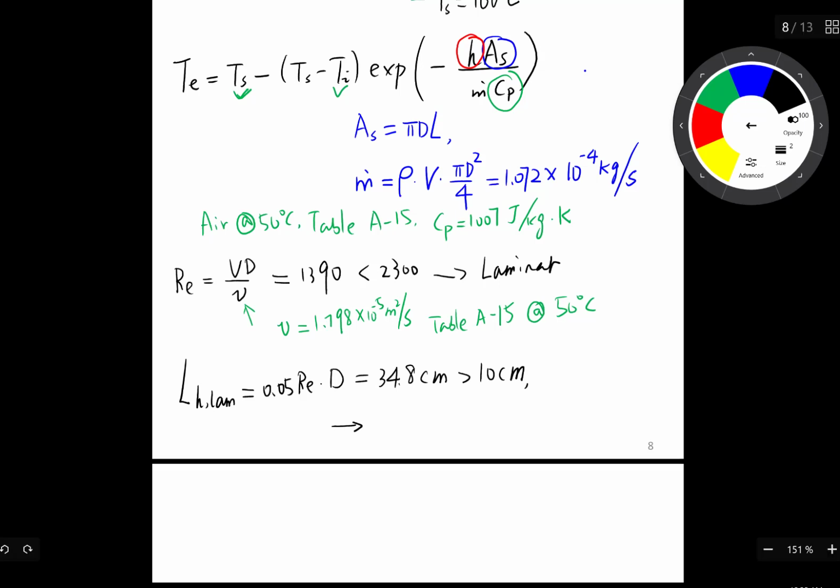It requires 34 centimeters for the flow to be hydrodynamically developed, and the length of the tube is only 10 centimeters. So the flow did not get enough time to be hydrodynamically developed.